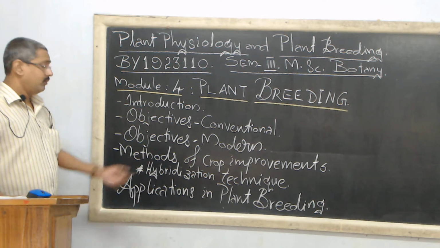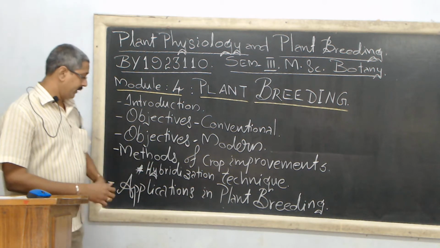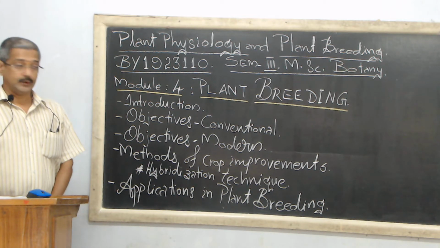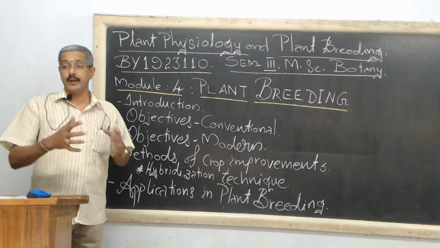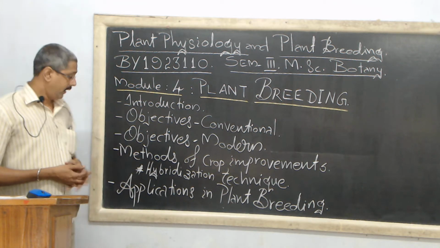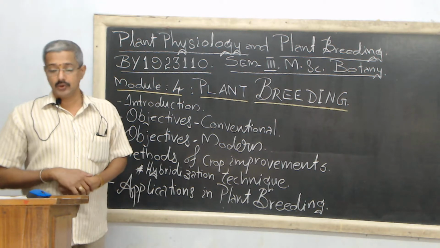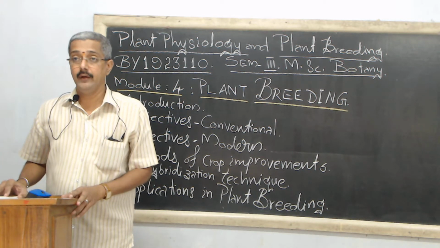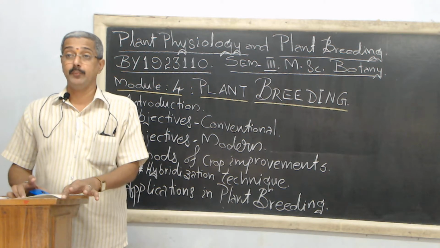Then what are the major methods of crop improvement, especially concentrating on the hybridization technique in plant breeding practices, and also the applications in plant breeding. So today I intend to give a brief introduction to plant breeding.